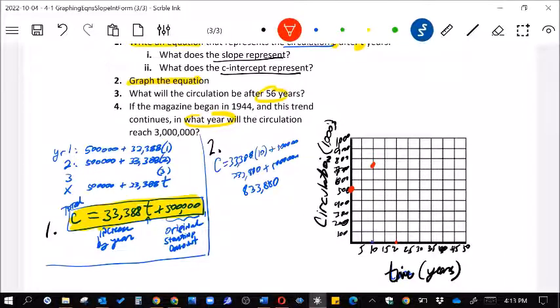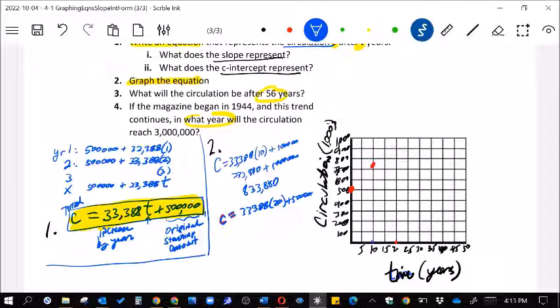Let's put 20. C is equal to, in blue, 33,388 times 20 plus the 500,000. Well, that means doubling that. That's going to be 667 up, I think, for that.